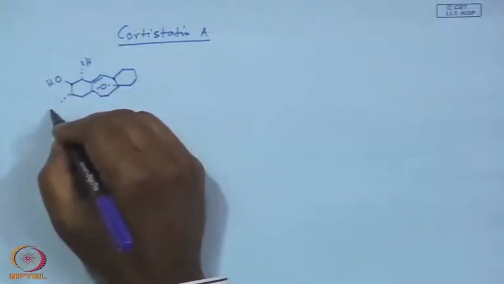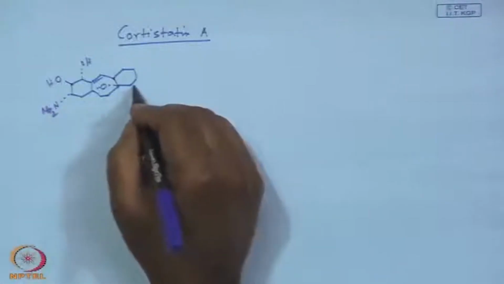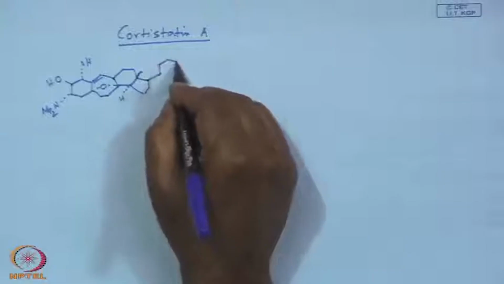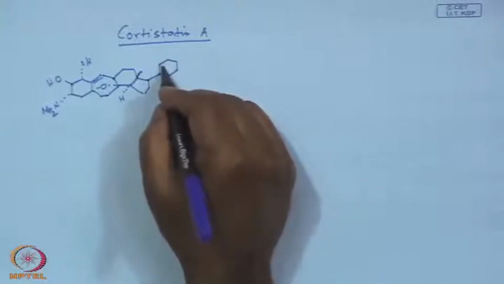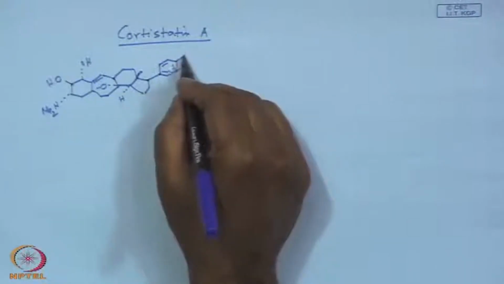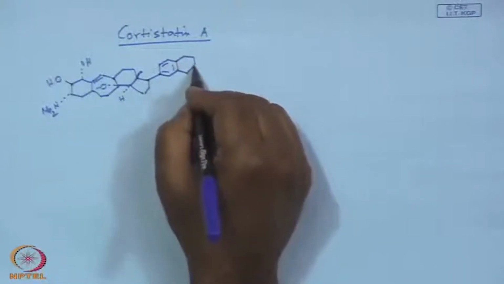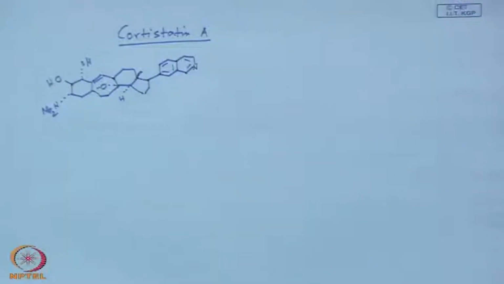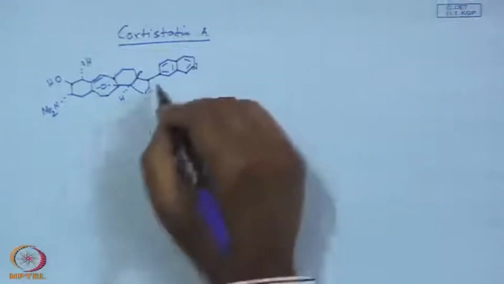Okay. And then there are so many other things here, OH group, then here another OH, then this NMe group, then like a steroid, the last ring is a 5 membered ring. And there is this angular methyl group and this hydrogen here, and then in addition to that there is something here. So, it is a heterocyclic class.